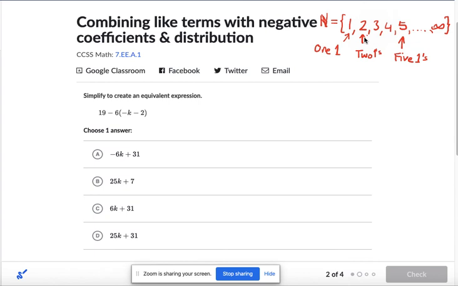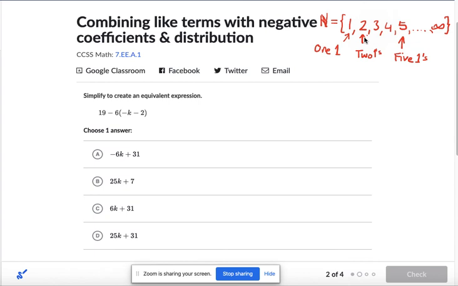Now, let's take a look at distribution. We already know distribution is something that we can do. We can take a number that's outside the parentheses, and let's say we've got a 4 plus 5 inside the parentheses. Well, we can take that 3 and multiply it times everything inside the parentheses. So 3 times 4 is 12, and 3 times 5 is 15, so 12 plus 15 gives us 27.